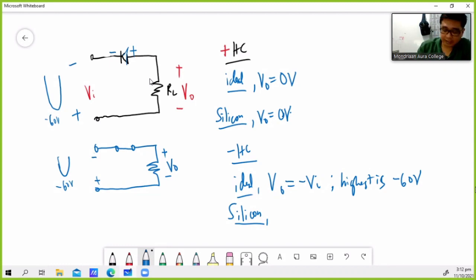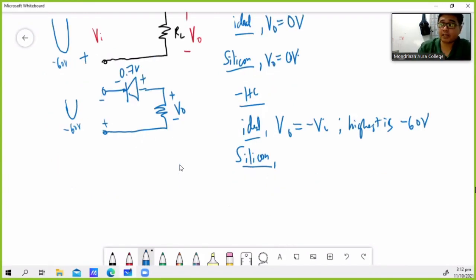So kung naka-forward bias siya, and it is silicon, hindi naman siya equivalent to a short circuit, di ba? So meron tayo ditong voltage drop na 0.7 volts. Okay? Pwede tayong mag-KVL, or pwede rin natin i-visual na. Pero i-KVL natin para ma-practice nyo lahat pag i-KVL natin.